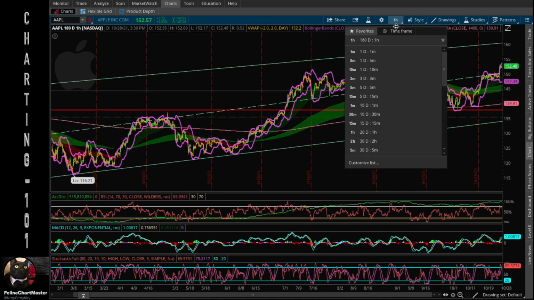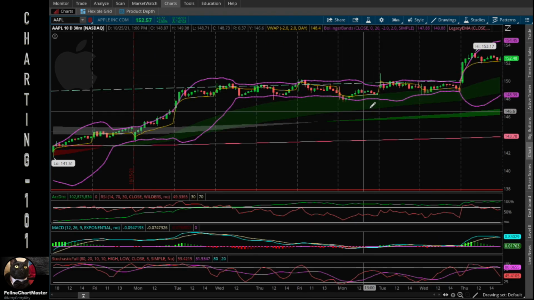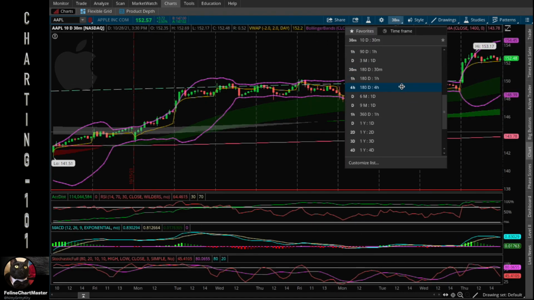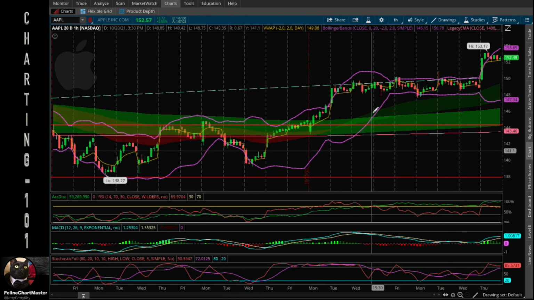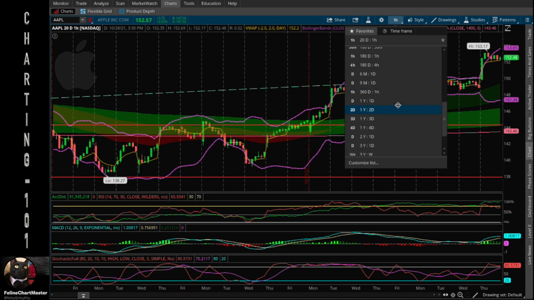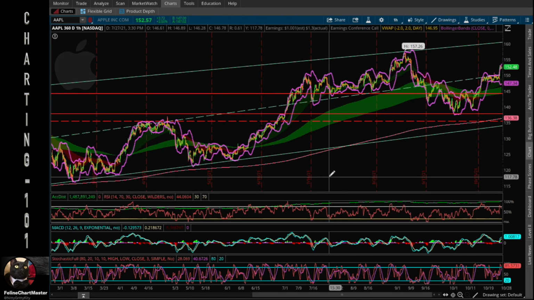If I were to move to a half-hour chart, they would no longer be daily moving averages. I did the math to figure that out. There are various indicator scripts that you can download to do that for you. I don't think mine is perfect by any means, but I always was interested to say, okay, well, I want to look at the hourly chart, but I want to look at the daily moving averages on it.